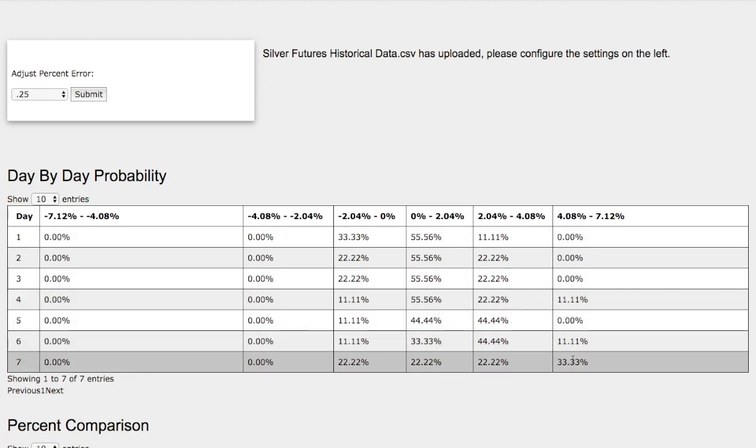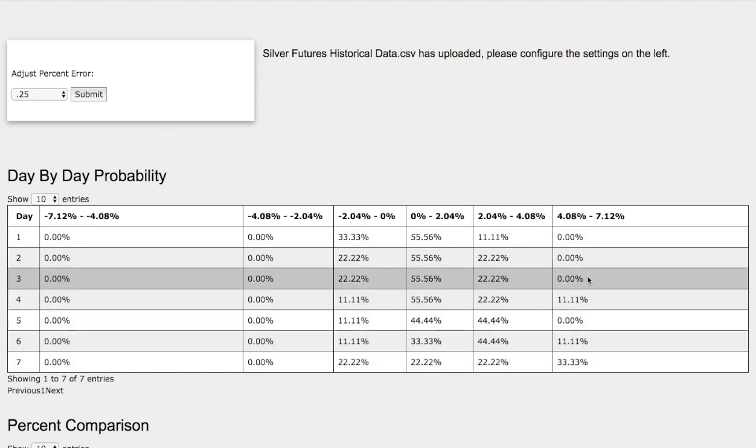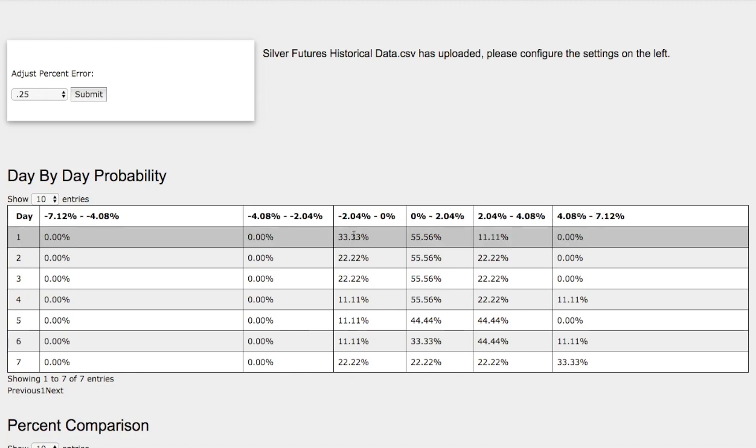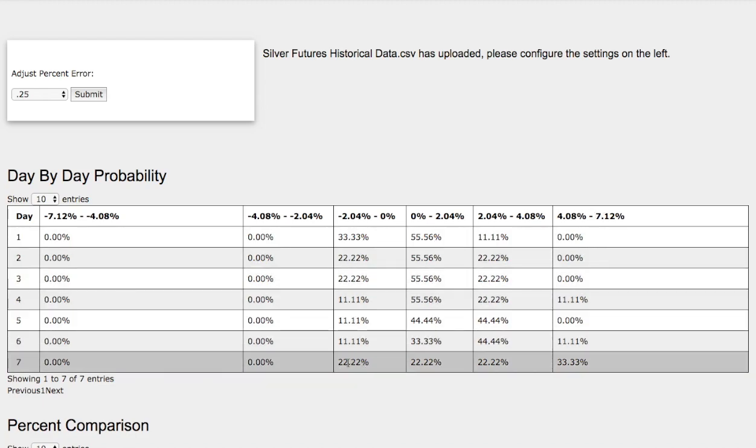In the extreme case, we have a 33% chance for silver to climb higher between 4 to 7%. On the downside, we have a 22% chance for silver to fall lower between 0 and -2%.